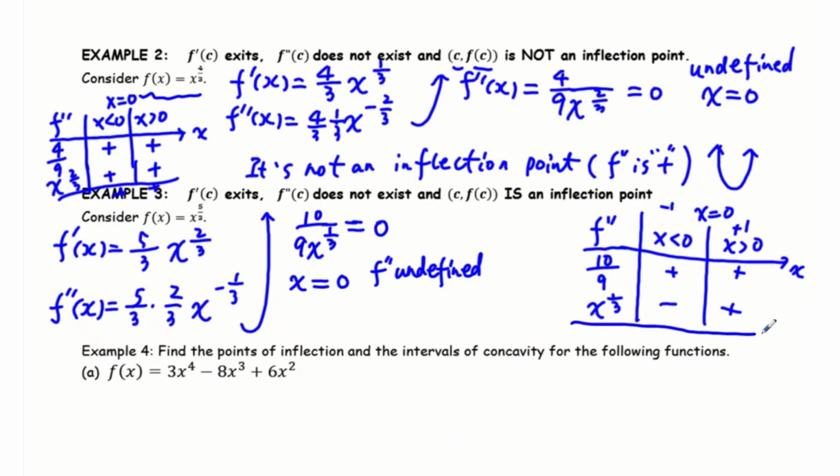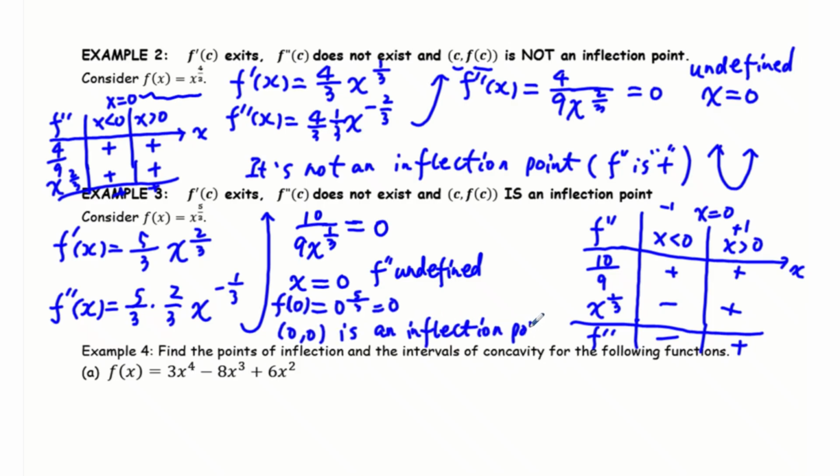So you will see for this question, the double prime is changing the sign. If it's changing the sign, then we know this is a point of inflection, and we have to find the y value for x equals 0. We sub in x equals 0 here. You have 0 to the exponent 5 over 3 gives us 0. So the 0, 0 point is an inflection point. The reason is the sign is changing.